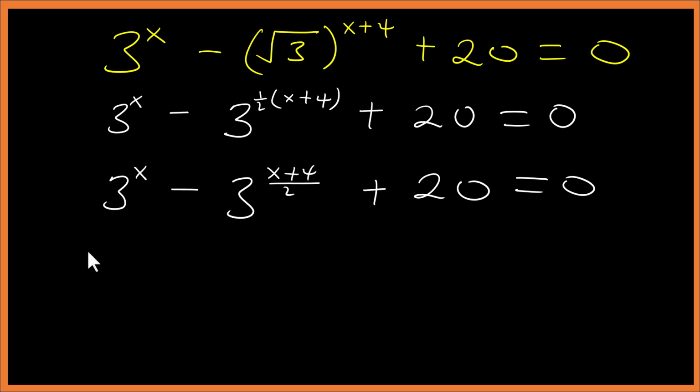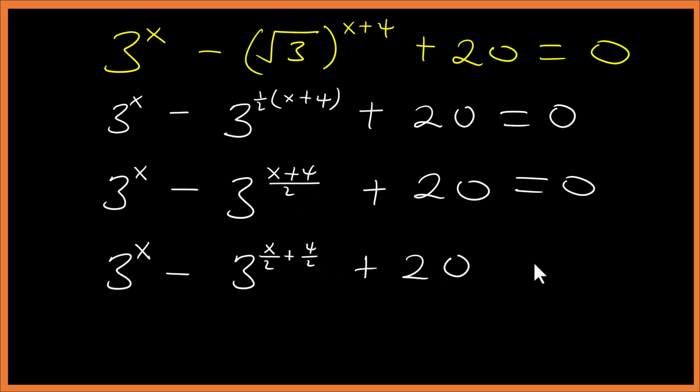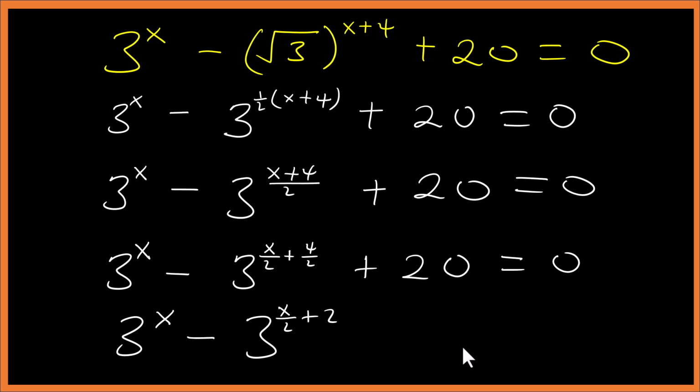From here we can write 3 to the power x minus 3 to the power x on 2 plus 4 on 2, plus 20 equals 0. So this is the same as 3 to the power x minus 3 to the power x on 2 plus 2, plus 20 equal to 0.